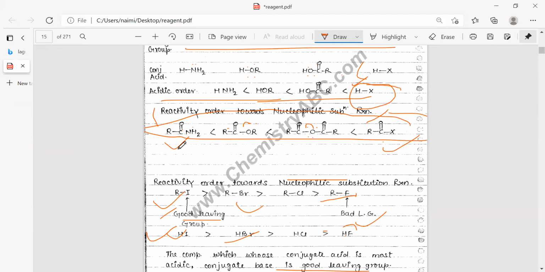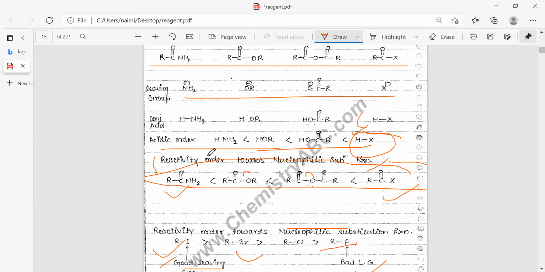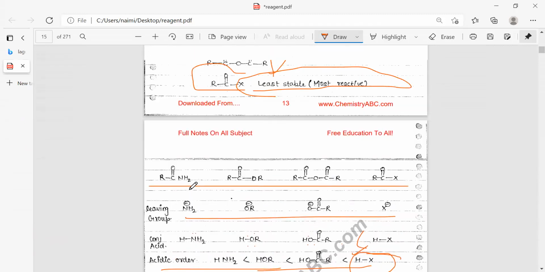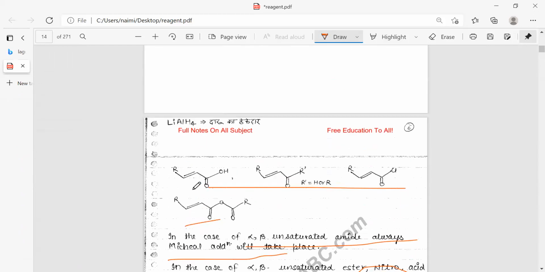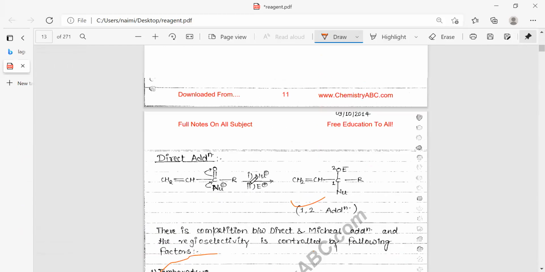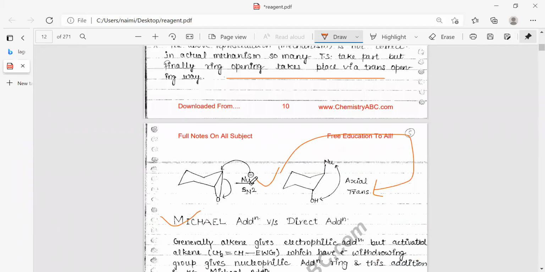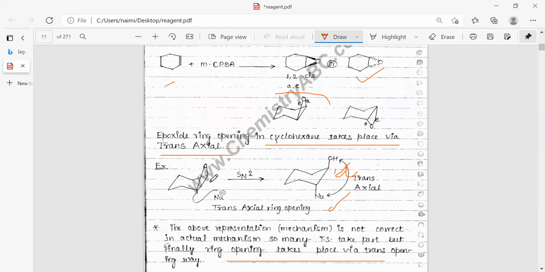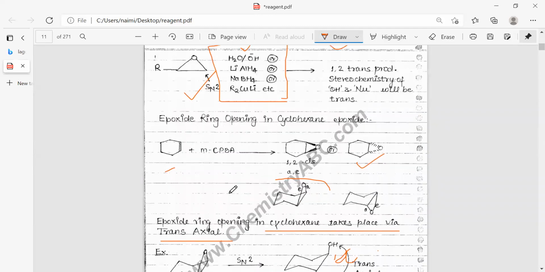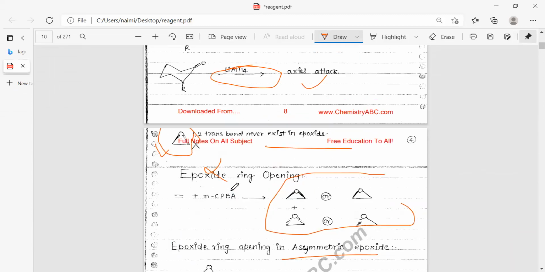In the next lecture we will explain in a short way, because a very good explanation is not given by me in this lecture. I have also explained direct addition and Michael addition, and epoxide types of reactions.